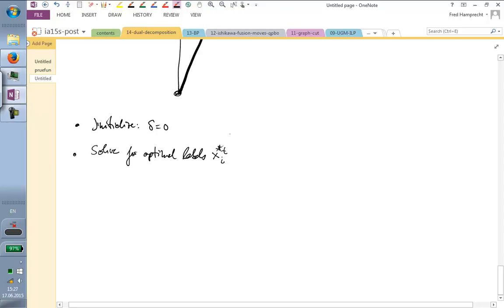So x_i^t star means it's the optimum label at node i in the t-th part of my decomposition. Star means it's optimal, given the current delta, which is 0, meaning we solve all our sub-problems independently. So this is what we are doing with the linear optimization.